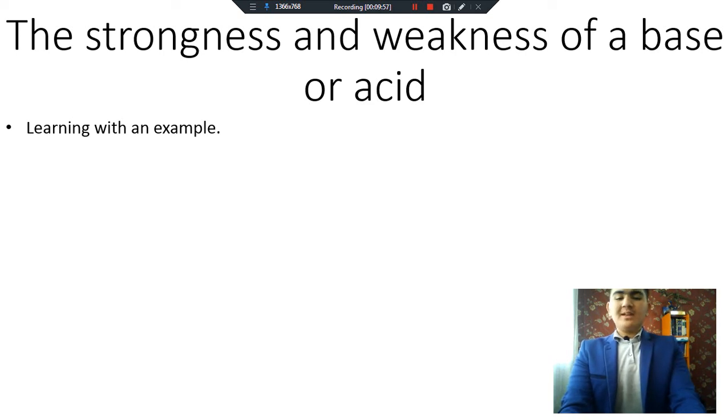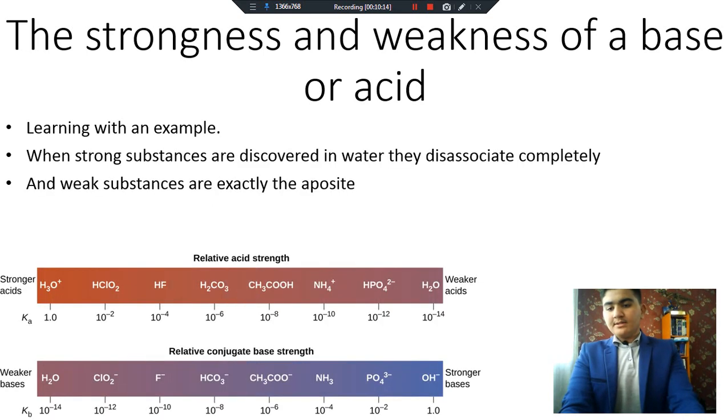But when weak acids or bases are dissolved in water, they don't dissociate that well. So in conclusion, the stronger it is, the better it dissolves. And here is a table that shows some substances that are acids and bases and their strength.